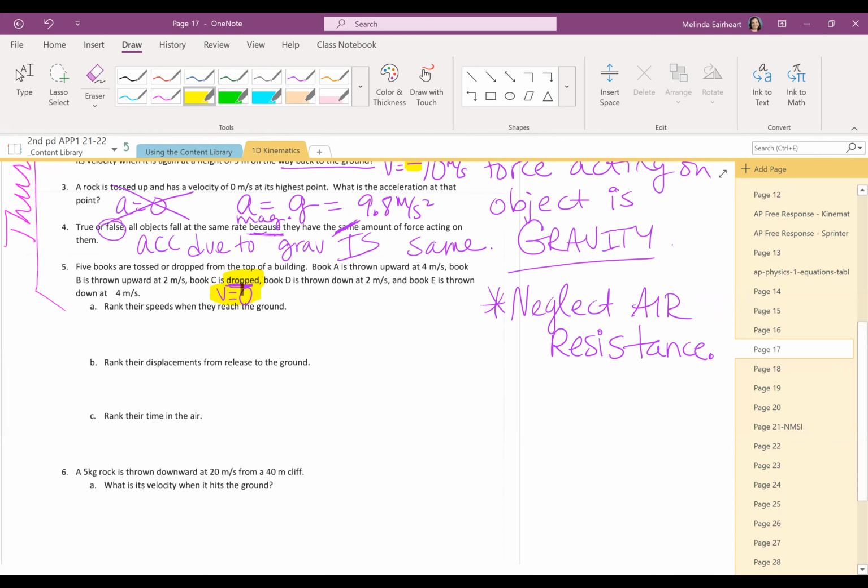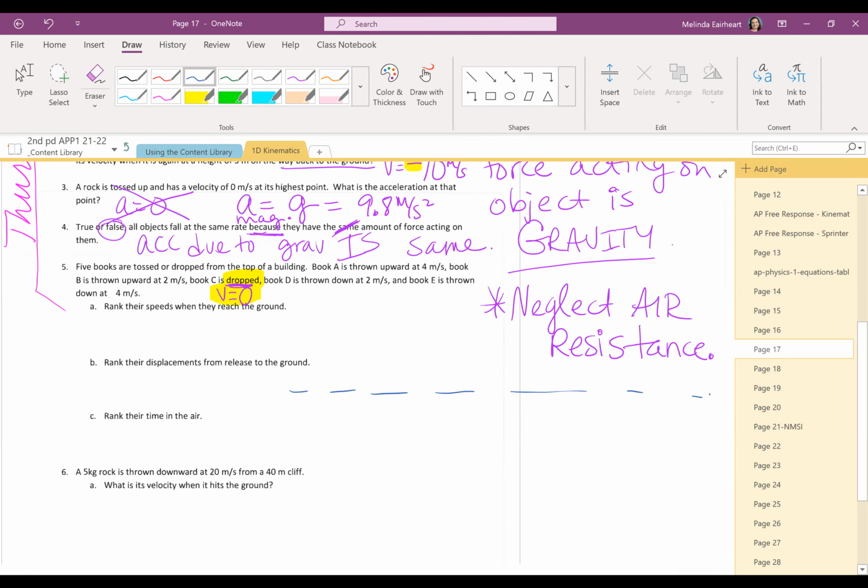Book D is thrown downward at 2 meters per second. So notice we've got a down 2, up 2. And book E is thrown downward at 4. If you want a visual, we can draw out a visual here on the side. What you would have to assume is that they all are thrown from the same height, the top of a building.